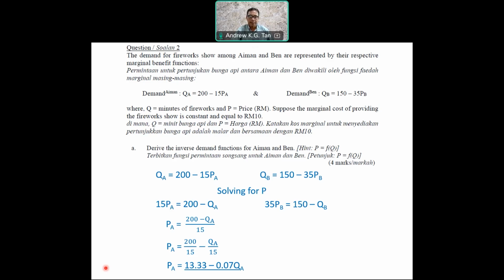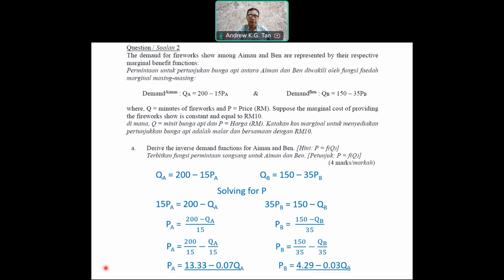Solving for PB by itself, PB is equals to 150 minus QB divided by 35 as you divide both sides by 35. PB then is equals to 150 divided by 35 minus 1 over 35 QB. Further simplifying it becomes PB is equals to 4.29 minus 0.03 QB.